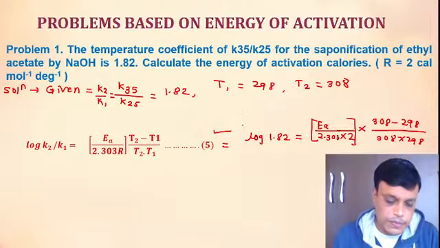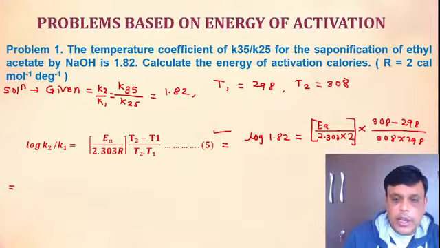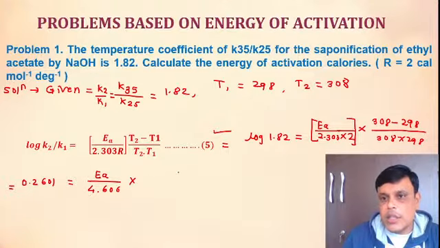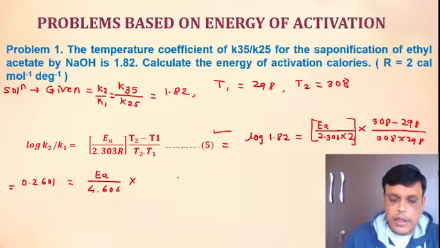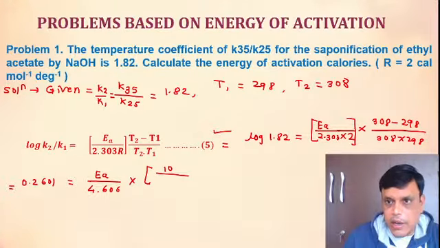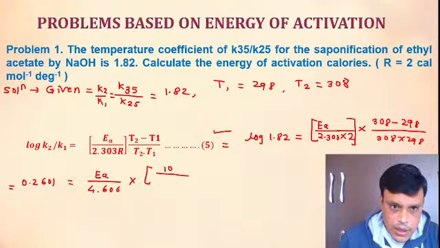If you take the log of 1.82, it will come 0.2601. Then EA, the energy of activation, if you multiply this, you will get 4.606 into 308 minus 298, which is 10, divided by 308 into 298, which is 91784.